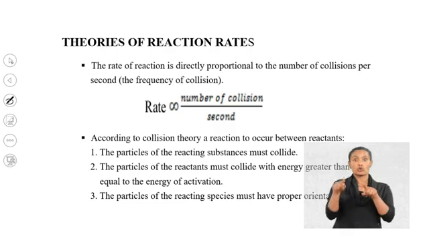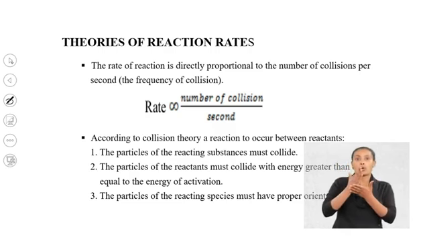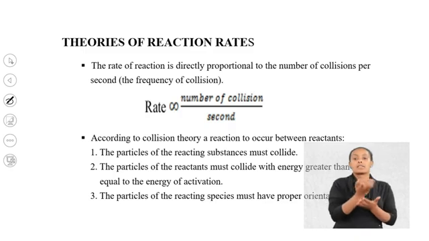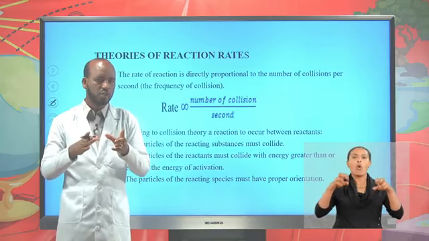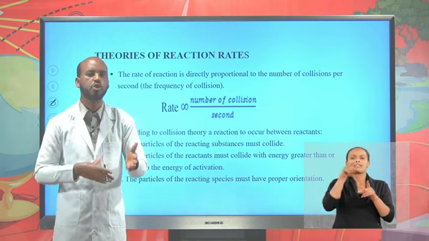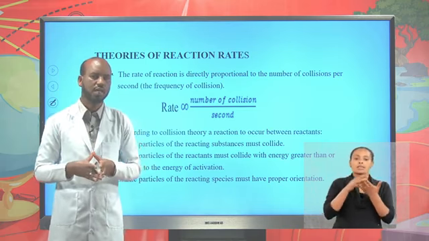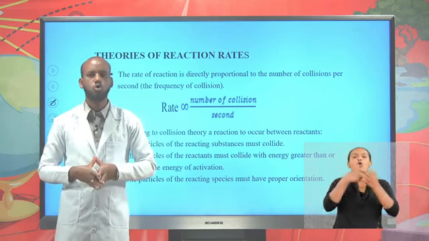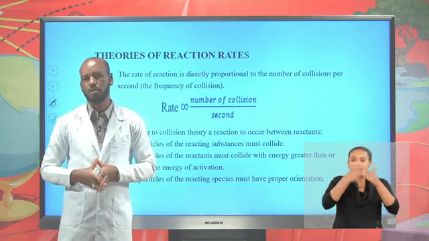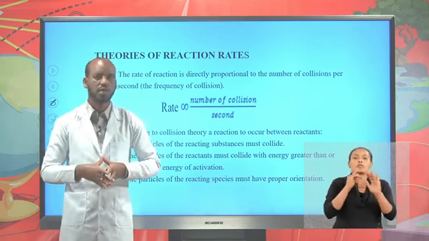According to collision theory, for a reaction to occur between reactants, 1. The particles of the reacting substance must collide. For a reaction to take place, there must be collision between reacting species. Note that not all collisions result in a reaction, because collisions are of two types, effective collision and ineffective collision.